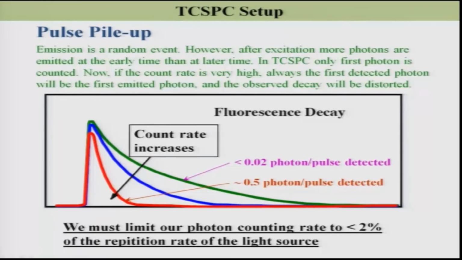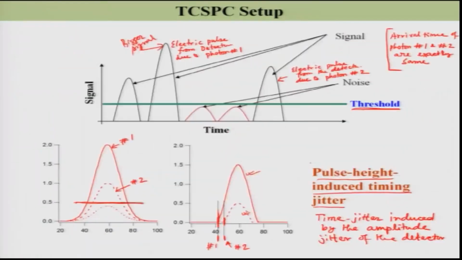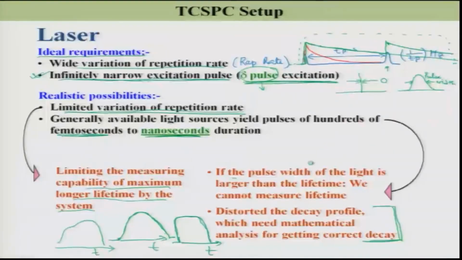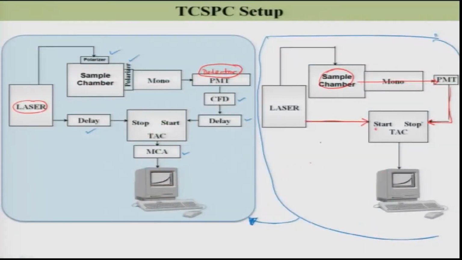Okay, so what we understood till now is this setup. I have a laser that excites the sample, the desired emission wavelength is selected by this monochromator, and the first detected photon is detected by this PMT.